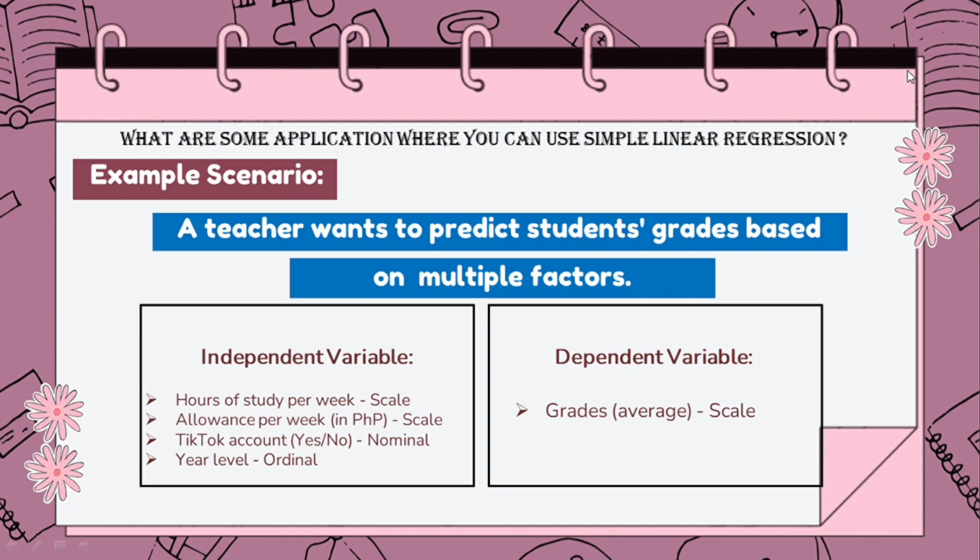In this case, you collect data on study hours and grades, then use the regression formula to identify the relationship and make predictions. It's also useful for estimating electricity consumption based on temperature or similar single variable predictions. So that would be all about simple linear regression.